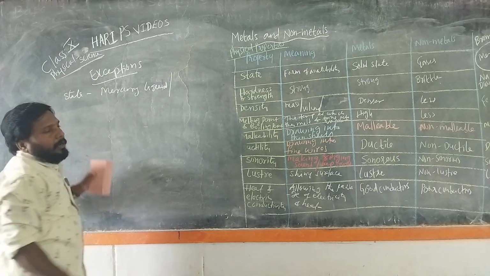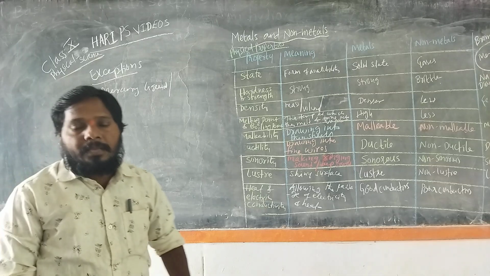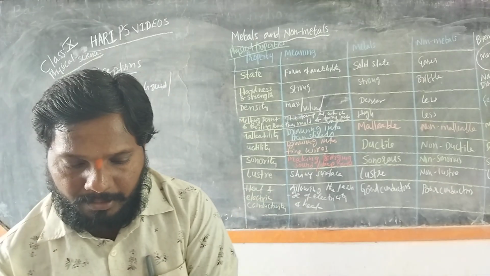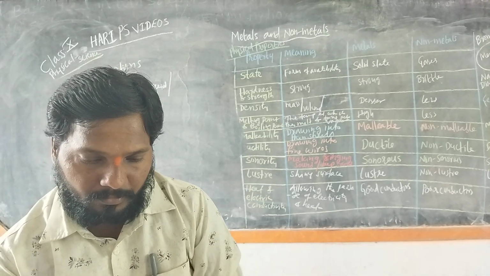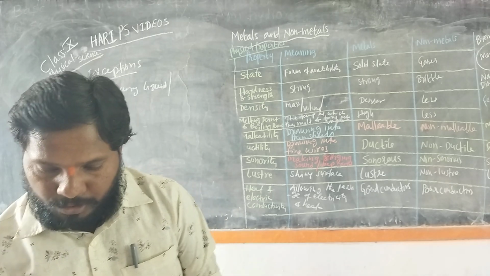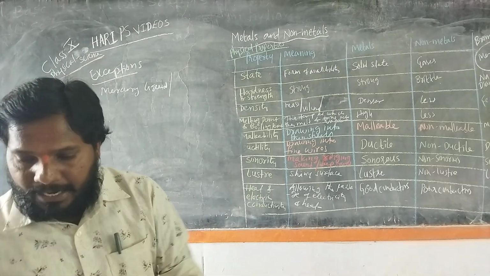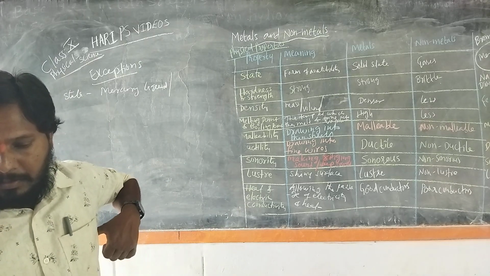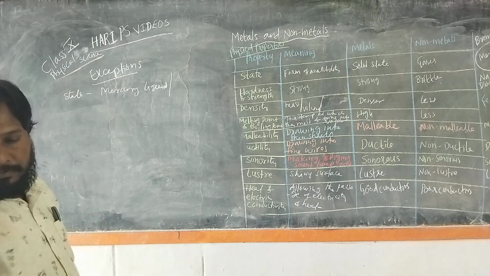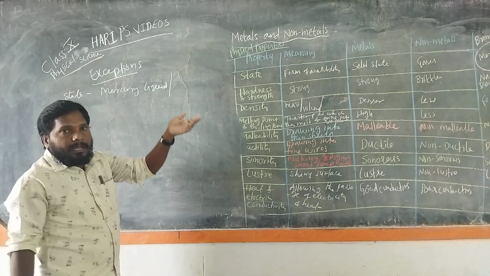Non-metals: most of the non-metals are in the gaseous state. For example, bromine is an exception. The remaining are gases.